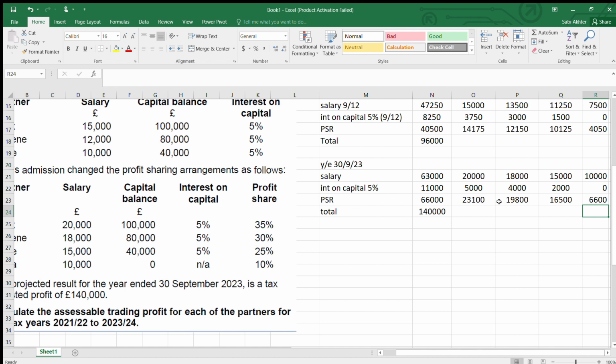Okay. Now, step 2. You have to use current year basis for Alex, Arsene, and Joyce, because they are the same. Only for Rafa, you have to do opening year basis. So let's do it.